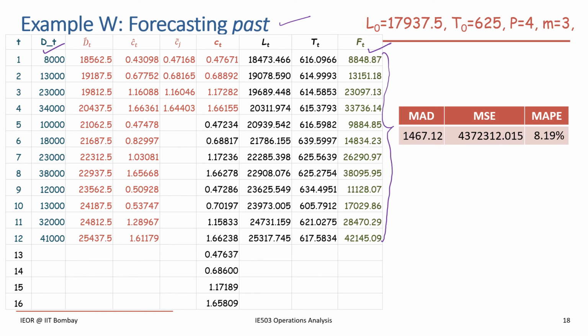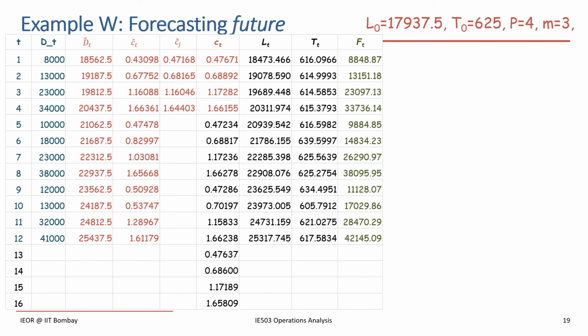Now, what we need to do next is to forecast the future. That is, we need to figure out the values right here: F13, F14, F15 and F16. So let us see how to do that. For that, let us remember where we are. We are at time t equal to 12. We have moved up to that point.